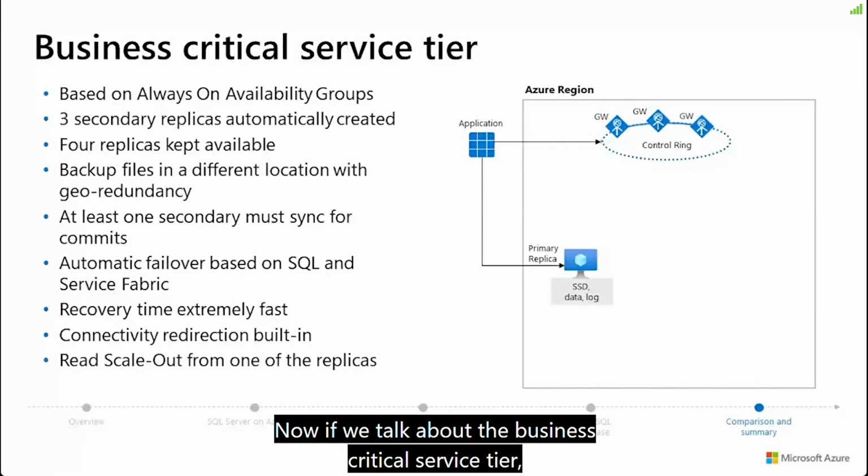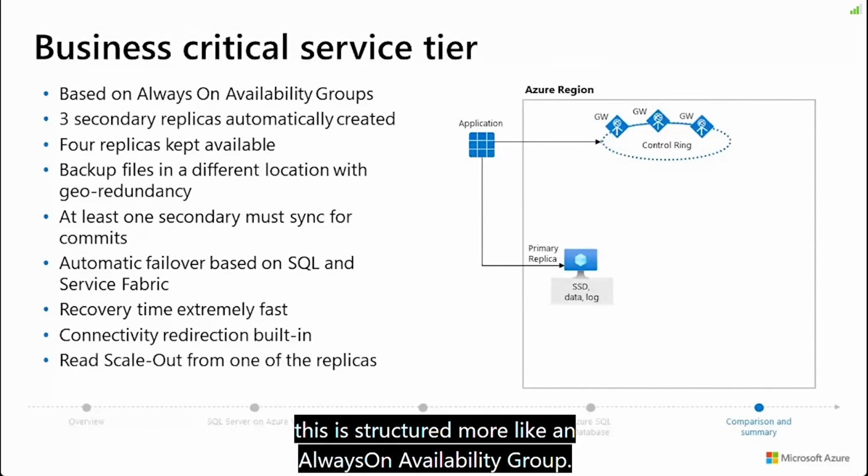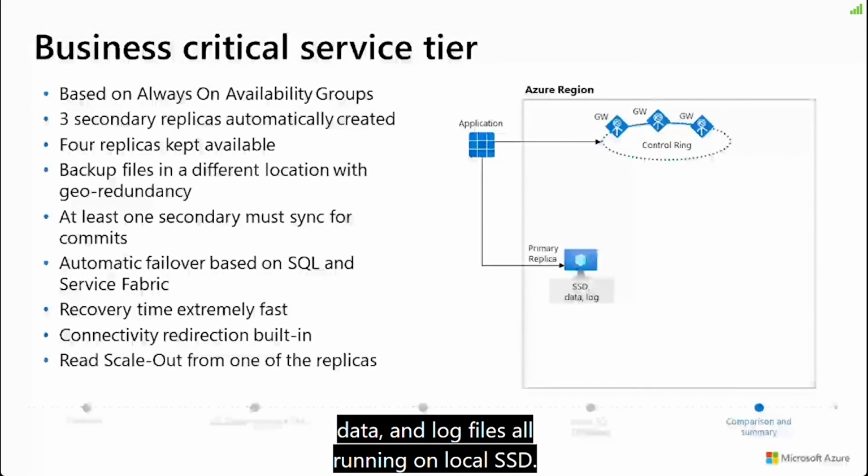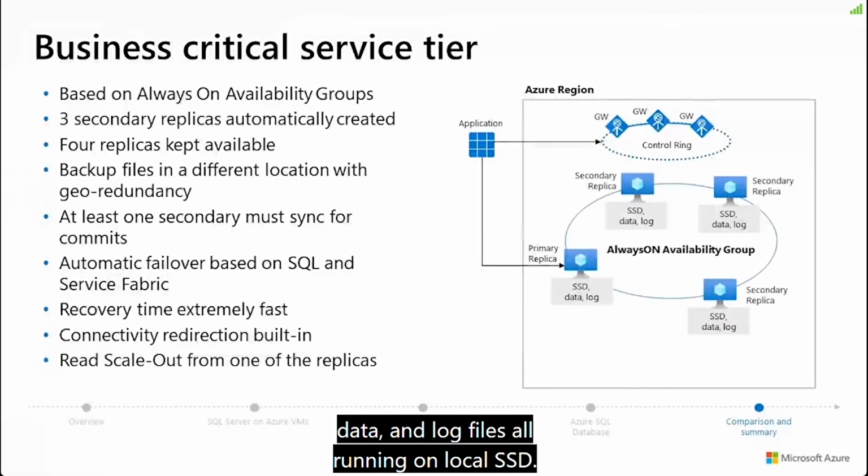Now, if we talk about the business critical service tier, this is structured more like an Always On availability group. So at the beginning, you see it looks like general purpose, except on your primary replica, you have TempDB, data and log files all running on local SSD. And behind the scenes, we're going to deploy an Always On availability group for you.